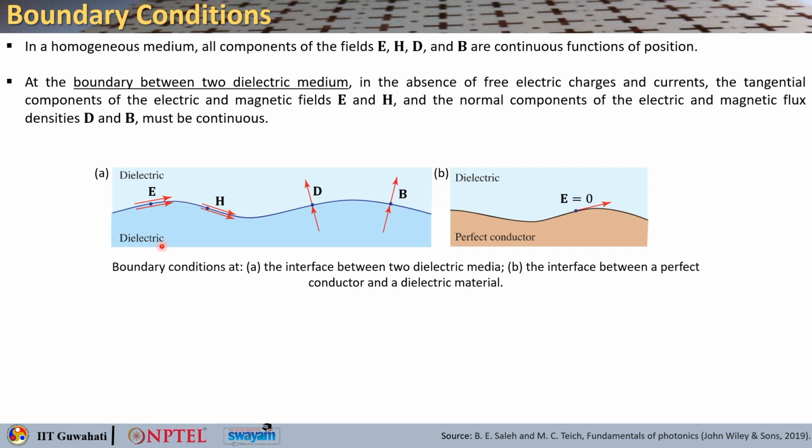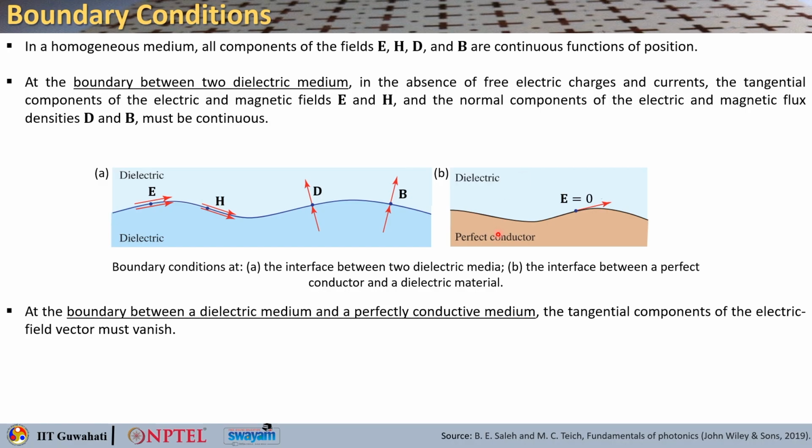What we will see is that the tangential components of the electric and the magnetic fields are continuous, whereas the normal components of the flux densities, electric flux density or magnetic flux density, must both be continuous.